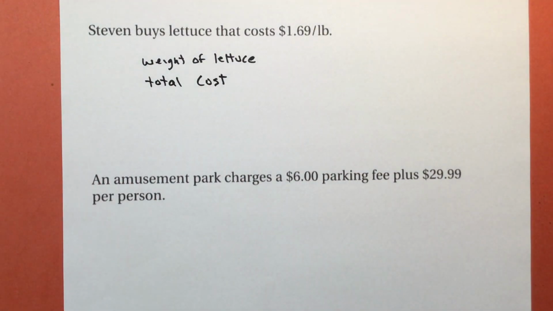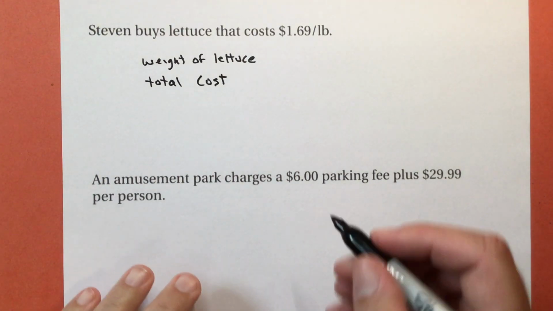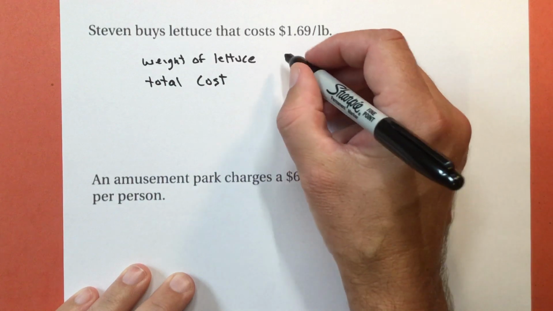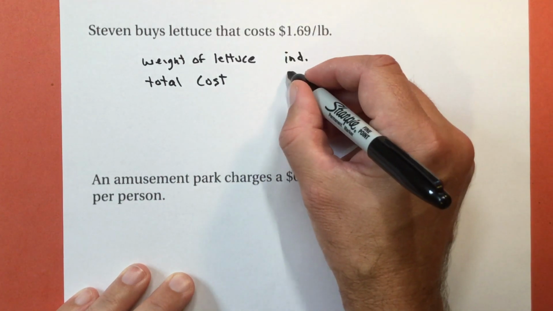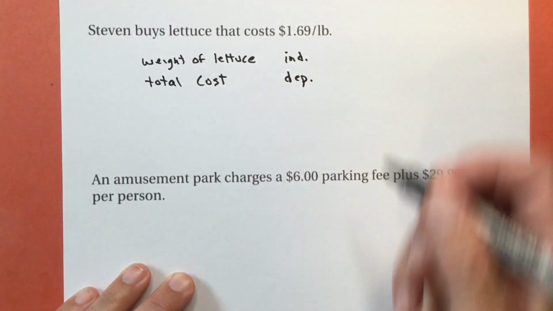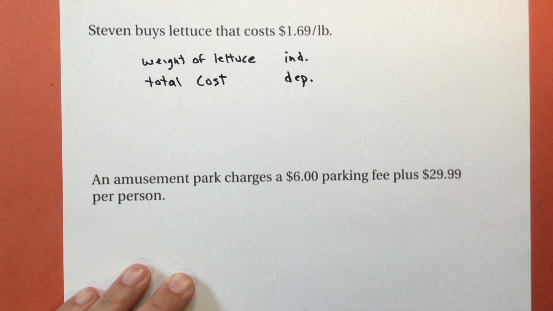I said in a previous video that total cost is usually the dependent variable. So first you have to figure out how much lettuce Stephen is going to buy. That's the independent variable. How much it costs depends on the total weight.